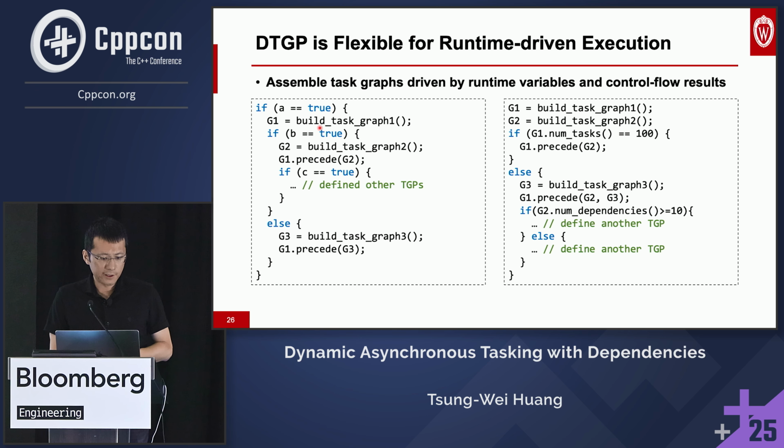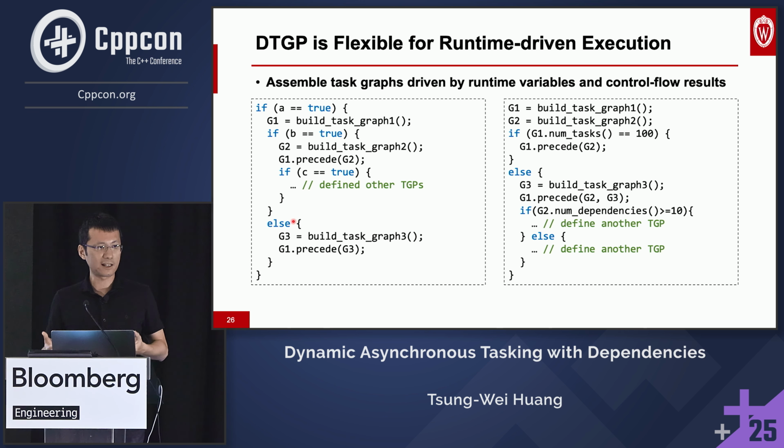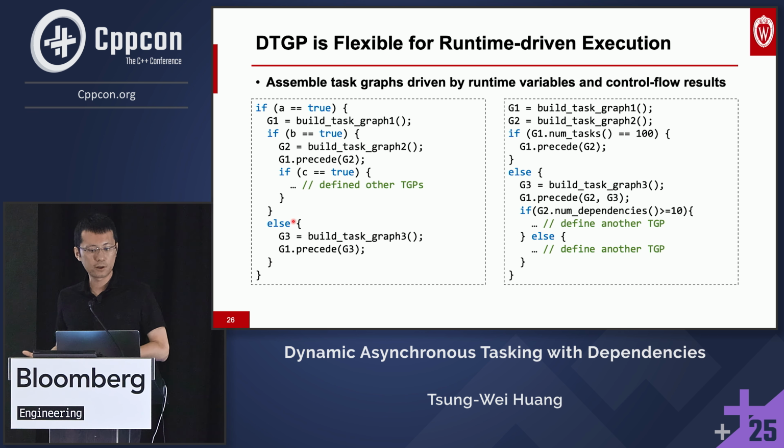Depending on the values of the variables A, B, C, D over here, I can create a totally different task graph from my application. If A is true, I am going to build a task graph G1. If B is true, I am going to build a different task graph G2 and ask G2 to run after G1. Otherwise, if B is false, I am going to create a totally different task graph, G3 over here, and ask G3 to run after G1.